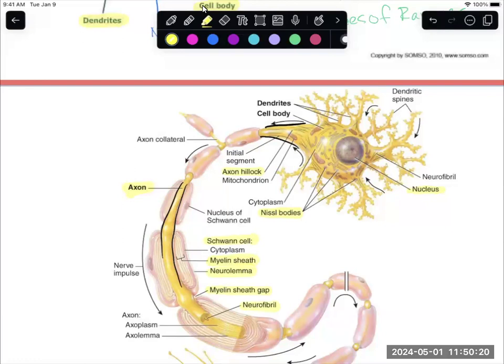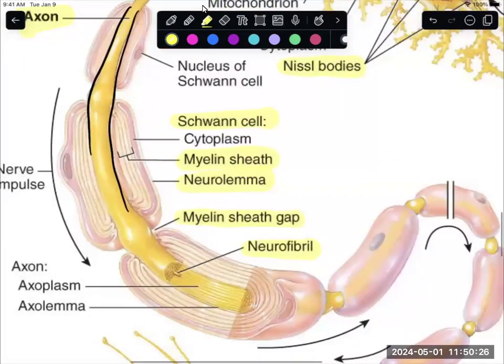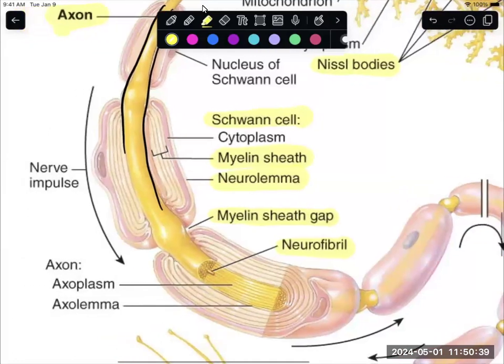These neurofibrils are all these little individual portions that are coming down that make up this one axon. Same thing with muscles. When we had that myofibril, we have the same thing for that neurofibril.